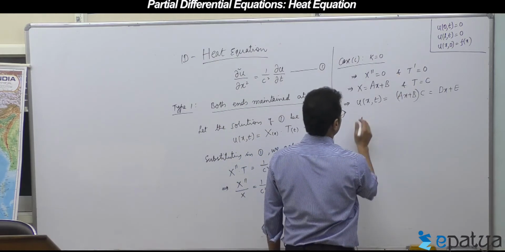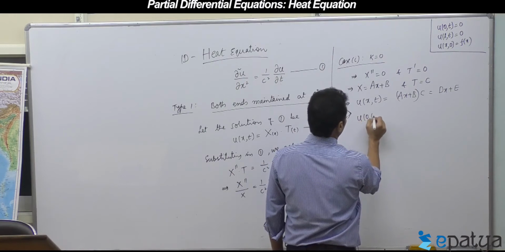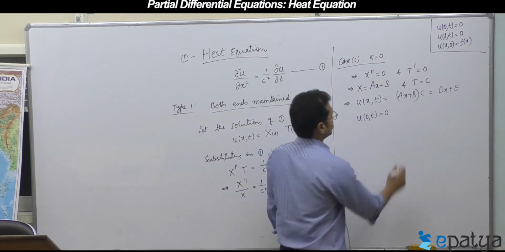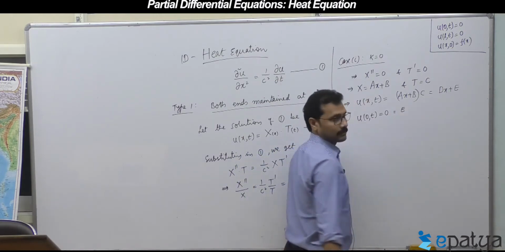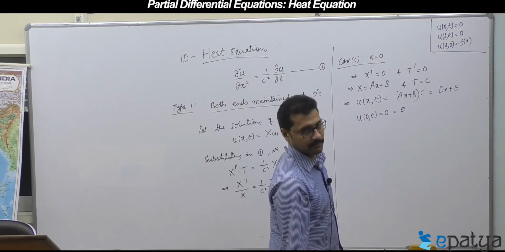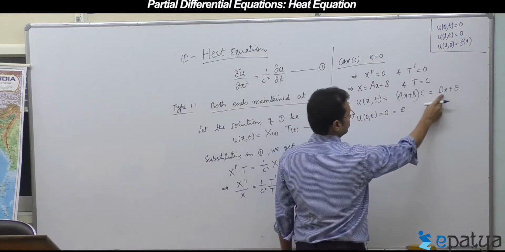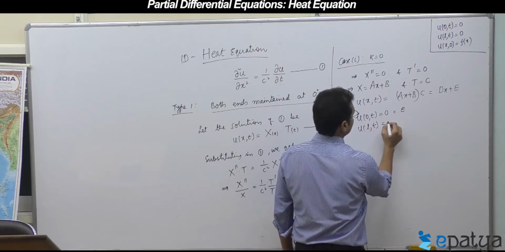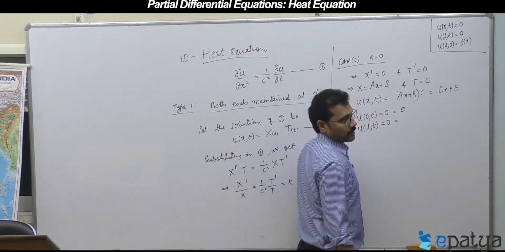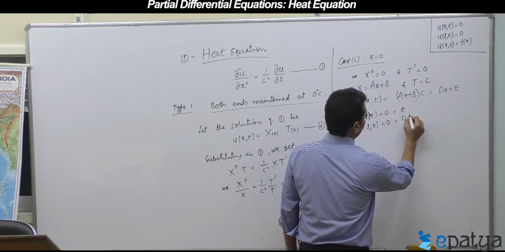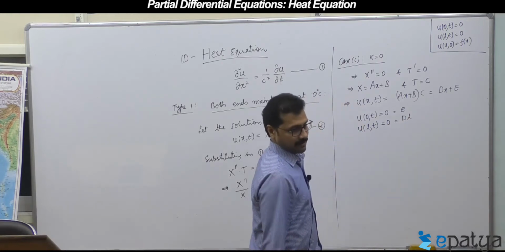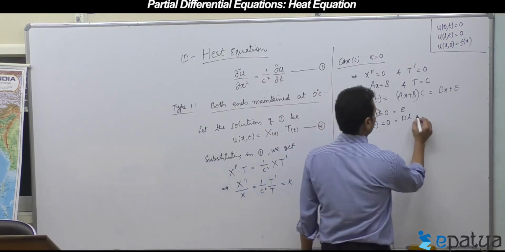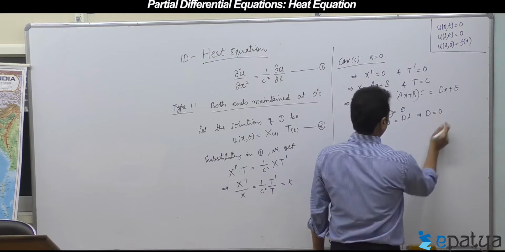Now apply the conditions. U of 0 comma t is equal to 0; this is equal to e, since x is 0. U of L comma t equal to 0 means d into L. L is non-zero, therefore d has to be 0.